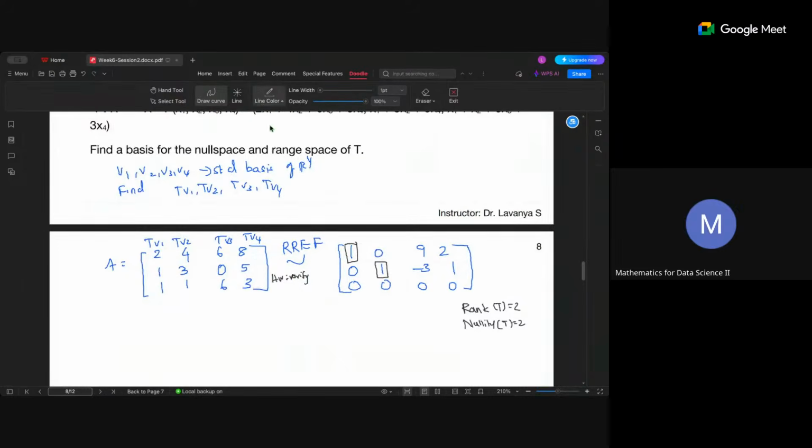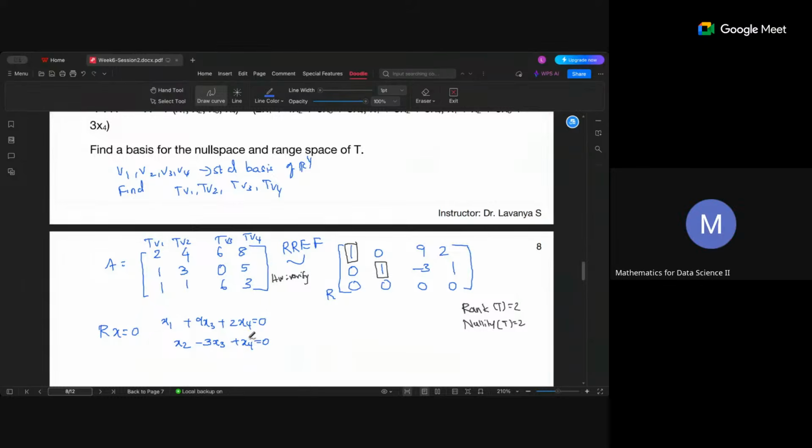To find the basis of the null space, let's call this matrix R. Then Rx equal to 0 gives x1 plus 9x3 plus 2x4 equal to 0, and x2 minus 3x3 plus x4 equal to 0.